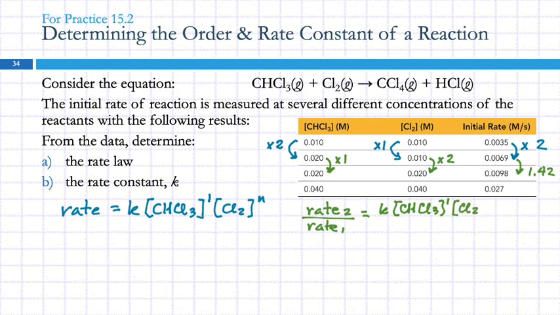And then we've got Cl2 raised to a power that we're trying to figure out. And these are concentrations in the second condition. So the rate is equal to the rate constant times the concentration of this raised to who knows what. We can write the same rate law with subscripts of 1.